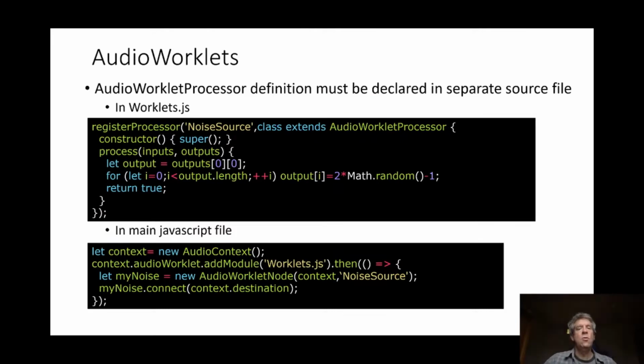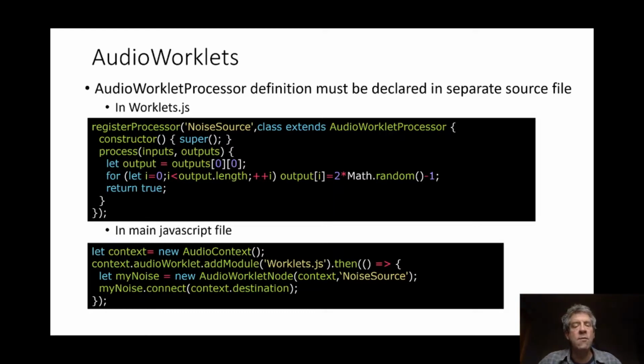Now, the audio worklet processor definition, which we gave here, must be declared in a separate source file from the main JavaScript file or HTML with embedded JavaScript that you are working with. It's a security reason. It prevents nesting things in problematic ways that can essentially crash the browser.